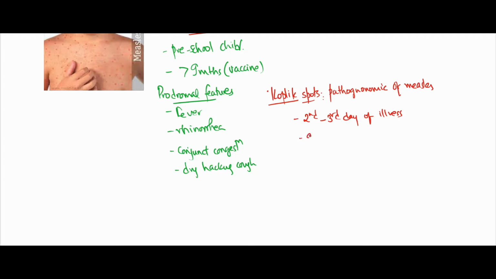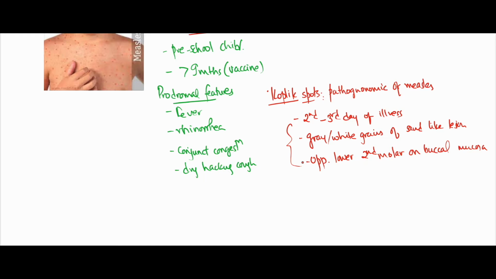They appear as gray or white, grains of sand-like lesions with surrounding erythema opposite the lower second molar on the buccal mucosa. So this is very important.